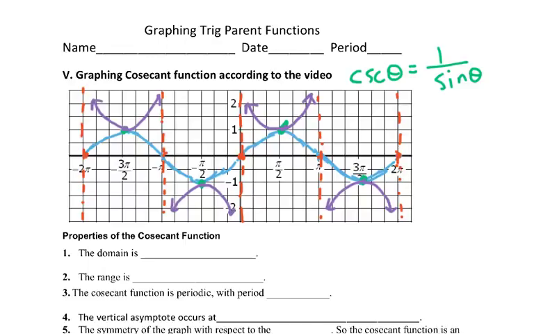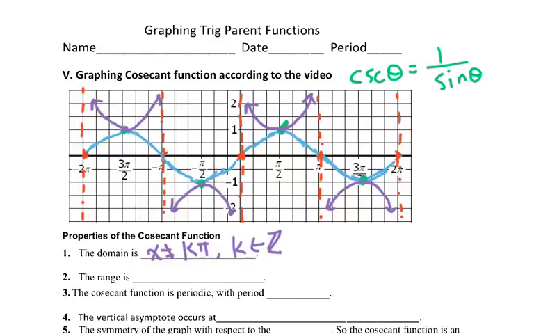Then the domain will be x not equal to 0, pi, negative pi, 2 pi, negative 2 pi. So basically it's an integer times pi, k pi, where k is all integers.